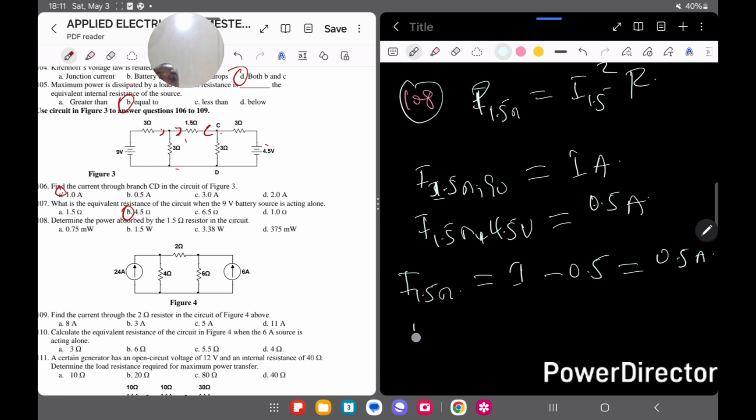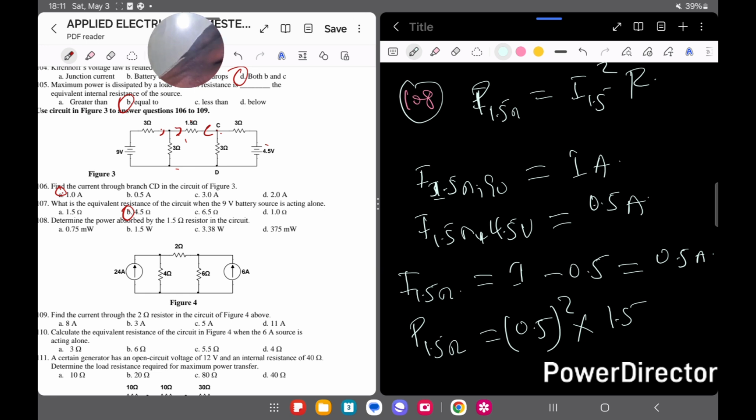So now the power dissipated by the 1.5 ohms resistor is going to be 0.5 squared times its resistance, which is 1.5.